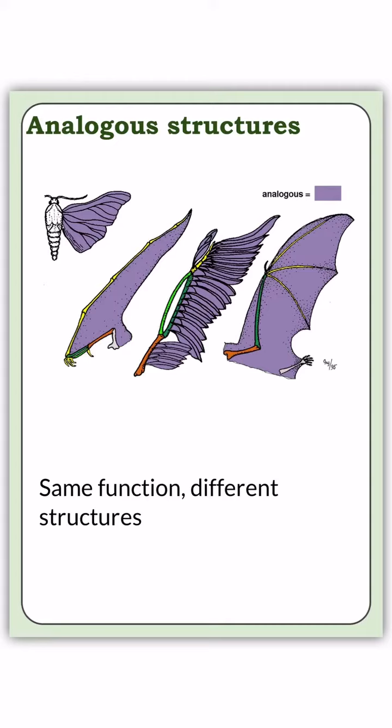So comparing the wings of bats, birds, pterosaurs, or in this case, butterflies, we have butterflies, birds, bats. These all have structures that serve the function of flying, but they are not necessarily closely related to one another.